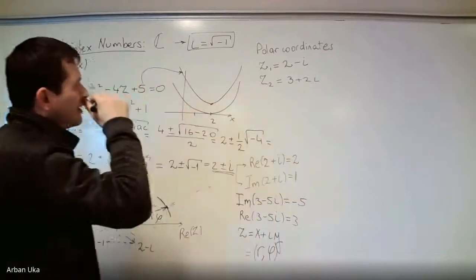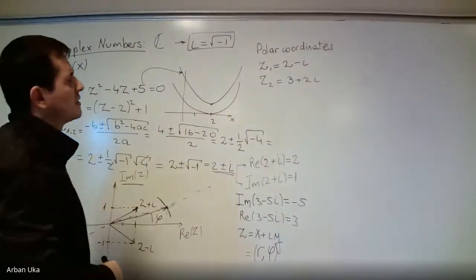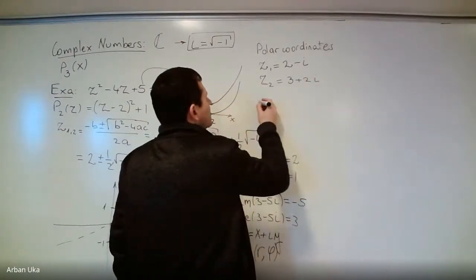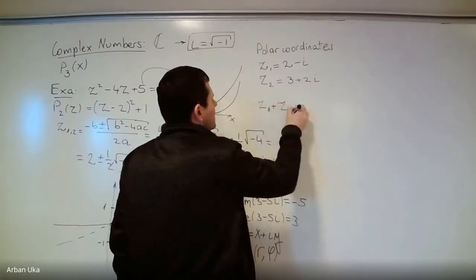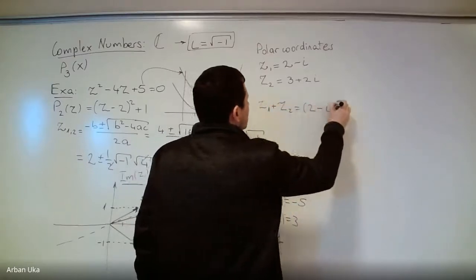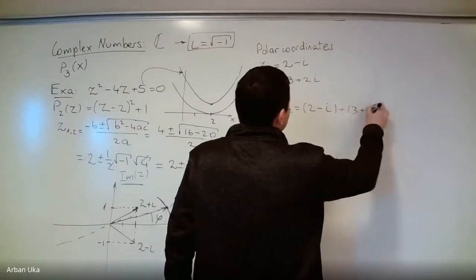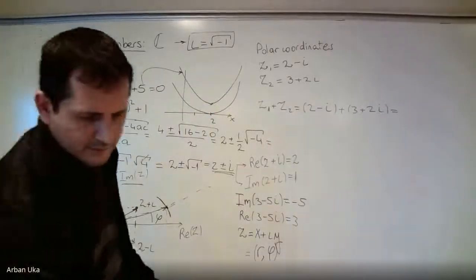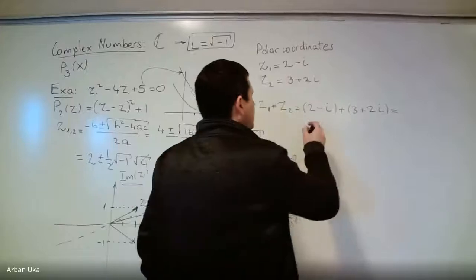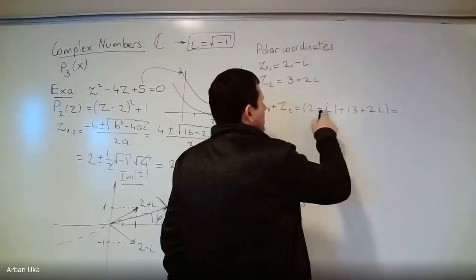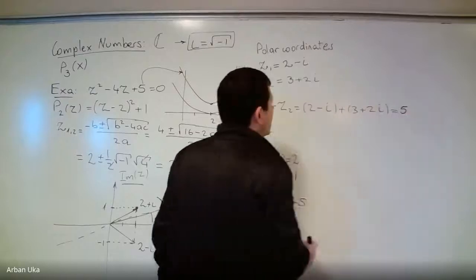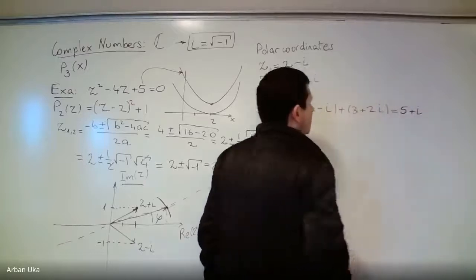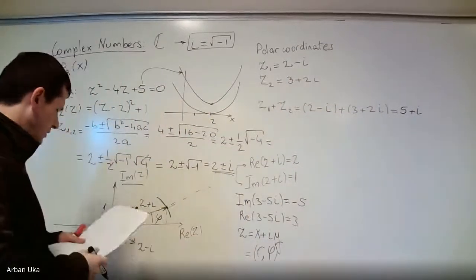The addition and subtraction of the complex numbers is defined as follows. z1 plus z2 is 2 minus i plus 3 plus 2i, which is 2 plus 3, that is 5, and then plus i. 5 plus i. So this is the summation of these two numbers.